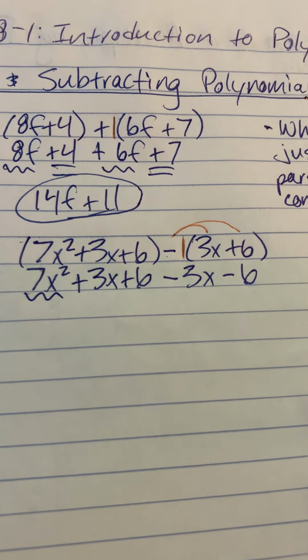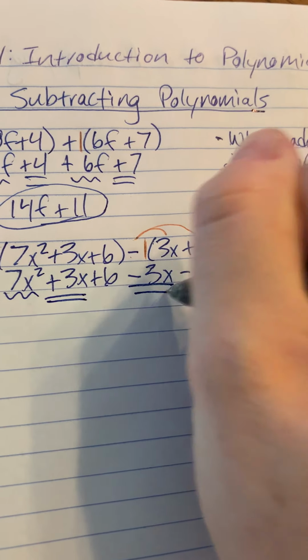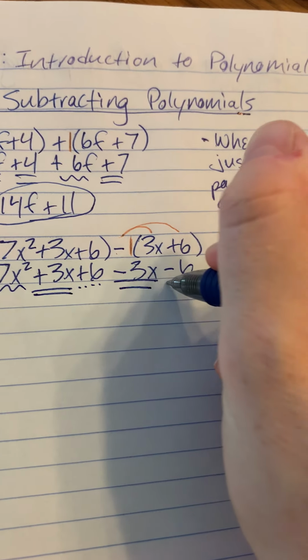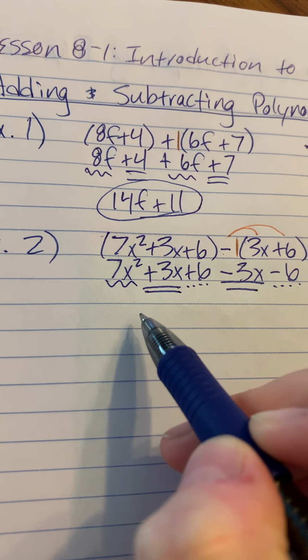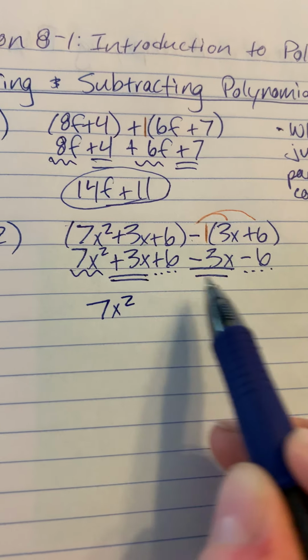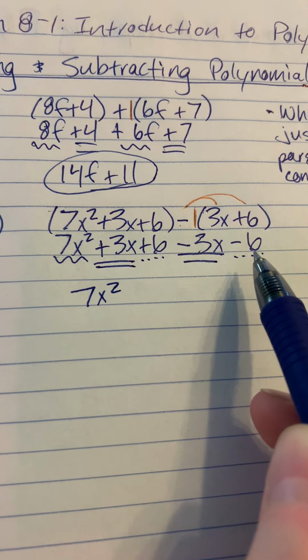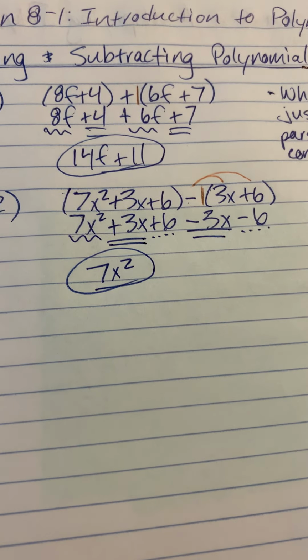7x squared doesn't have any friends. 3x goes with minus 3x. And 6 goes with -6. So 7x squared is just going to drop down. 3x minus 3x cancels out, and 6 minus 6 cancels out. So actually, this is the whole answer in this problem.